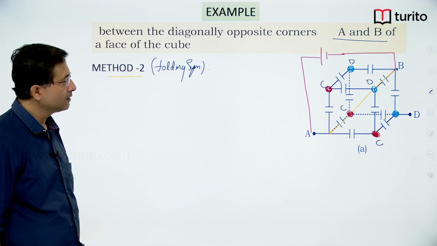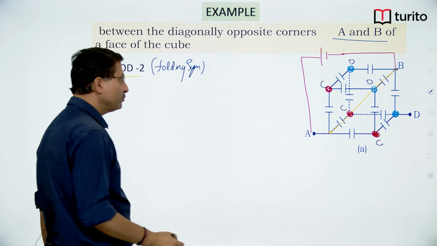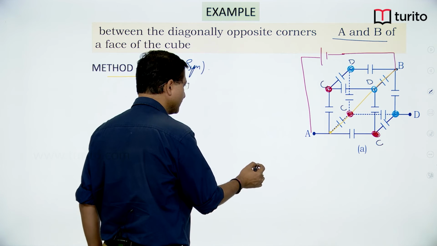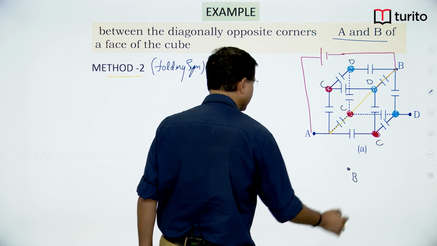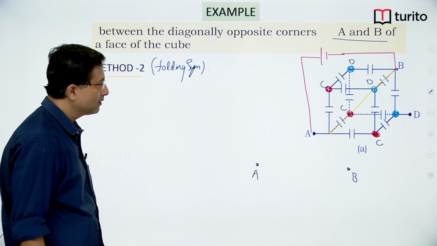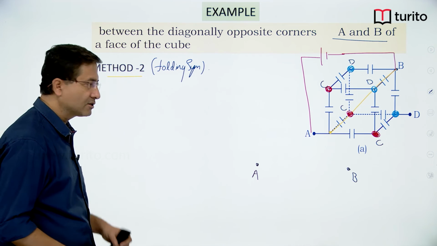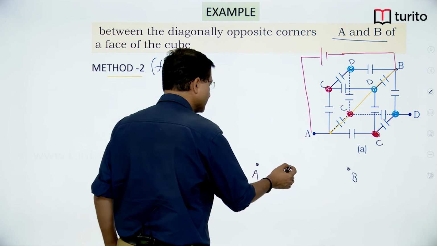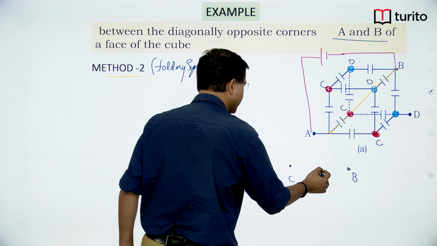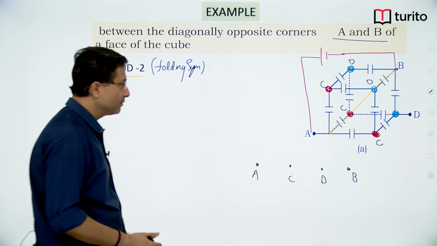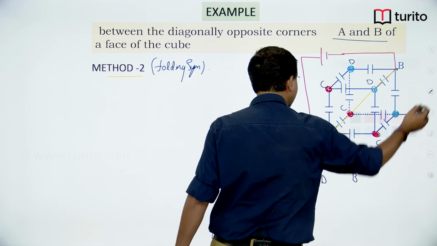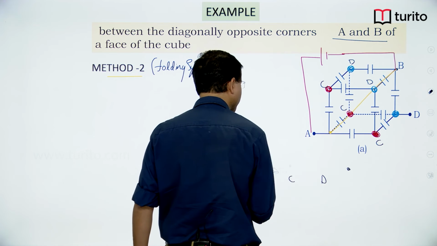So, from A to B I need to reach A to B passing C and D, C and D. So, there will be 12 capacitors. I will make it a little big so that there is no confusion.